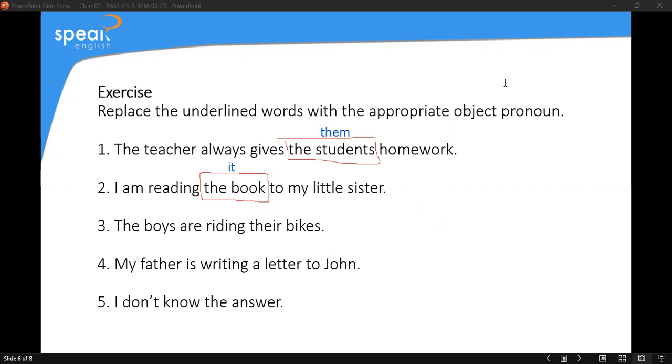Okay, let's try with someone else. Thank you very much, Jacqueline. All right, what about the sentence number 3? Can you help me with this one? Okay, maybe not.